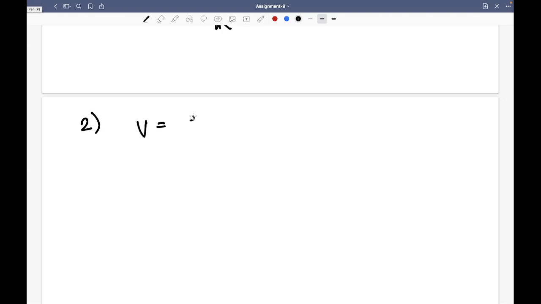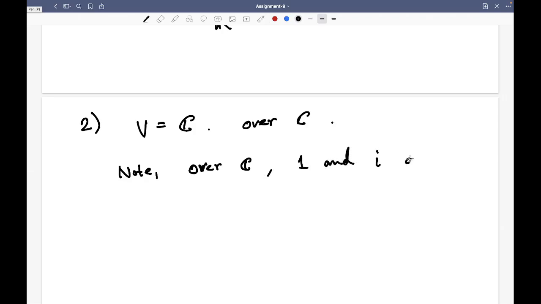Here B is the complex numbers over C. Here you have to check that the dimension of this over C is 1. So here we will show that over C, 1 and i are not linearly independent.